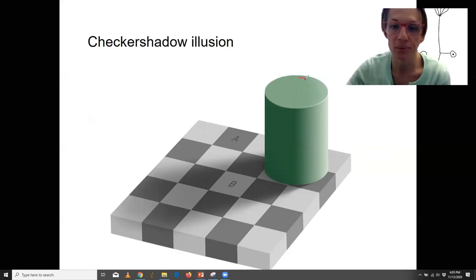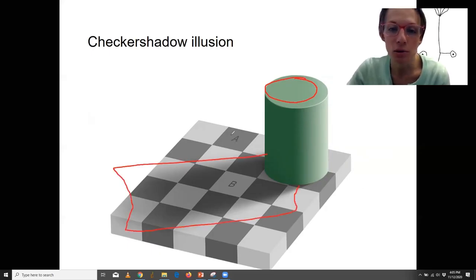This cylinder here is drawn to appear like it's casting a shadow in this region here, right? See that shadow? So our brains assume that A is darker than B, because B must be lighter because there's a shadow being cast on it. Our brain is adjusting for its assumption about the shadow being cast. In reality, these are the same darkness.